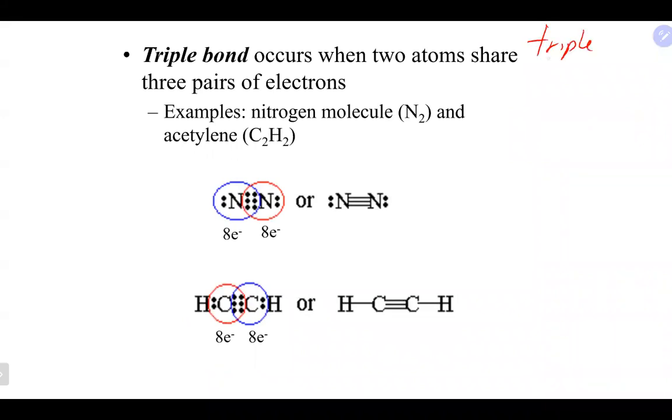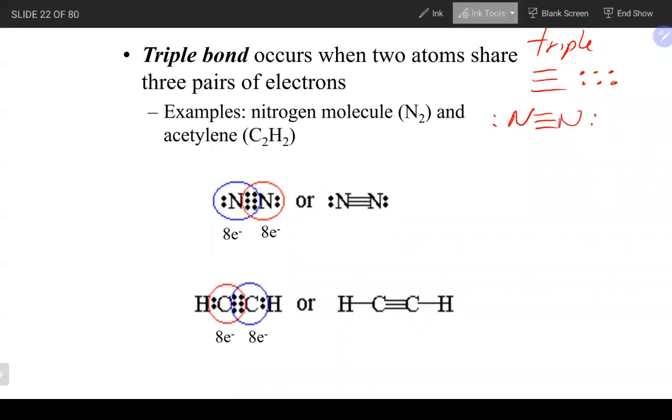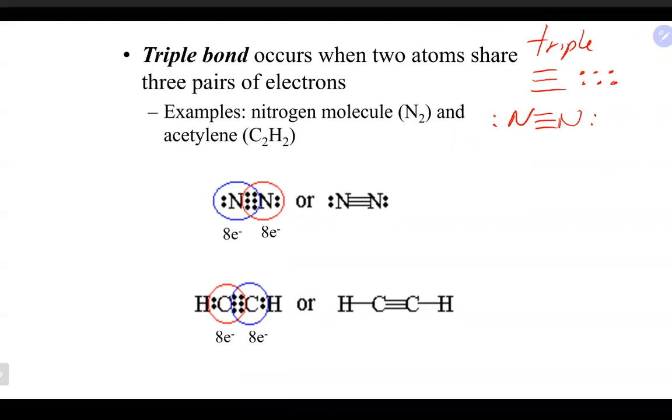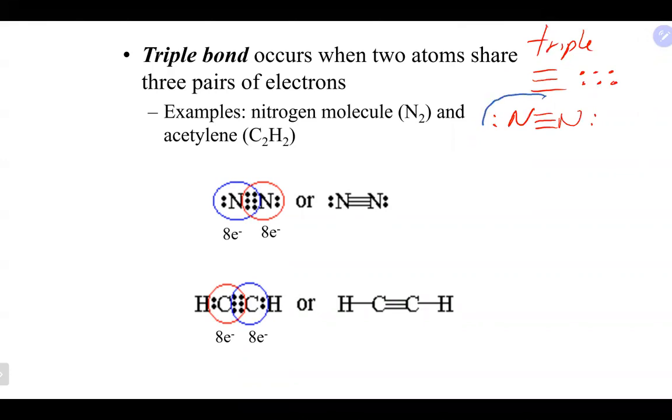A triple bond is 3 lines, which represent 3 pairs of electrons, or 6 total electrons. Nitrogen here, by triple bonding, is an example of something that will need to do that to get to 8 valence electrons. This atom by triple bonding has 8 valence electrons, and this one by triple bonding ends up with 8 valence electrons as well.